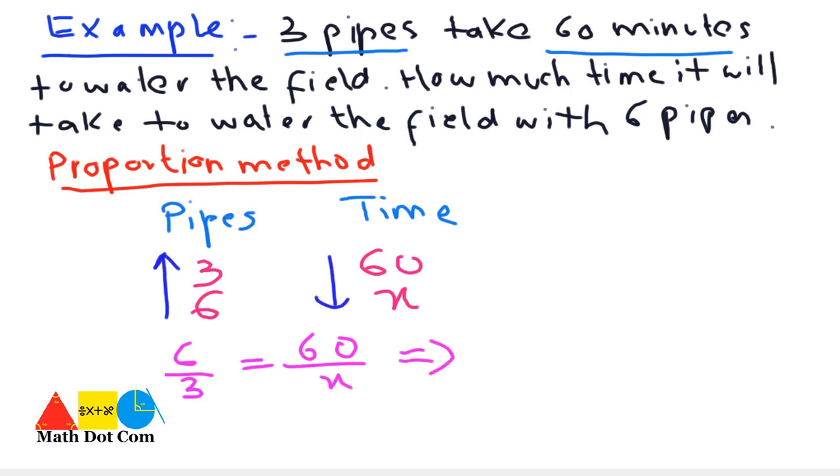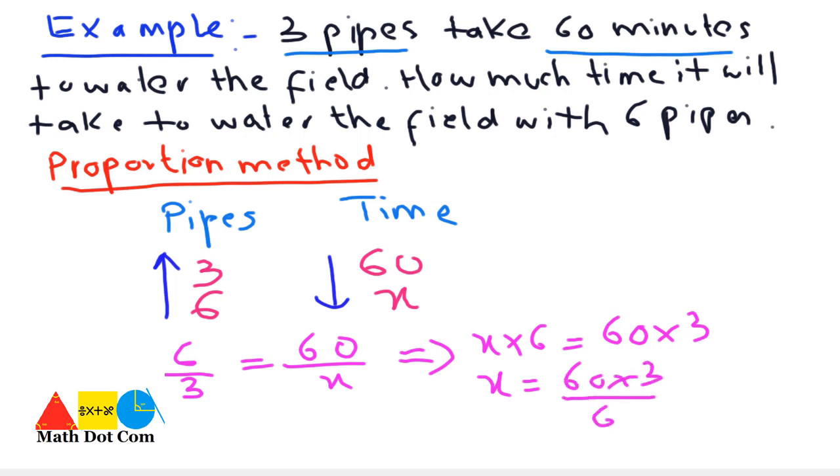We get x into 6 is equal to 60 into 3, and then x is equal to 60 into 3 divided by 6, which is 30. It means that the time has decreased as we have increased the number of pipes.